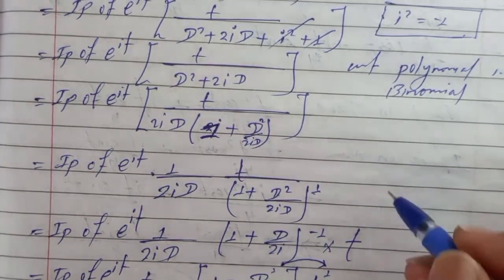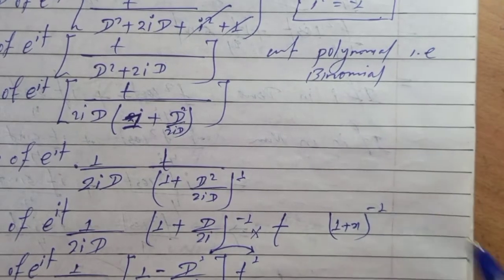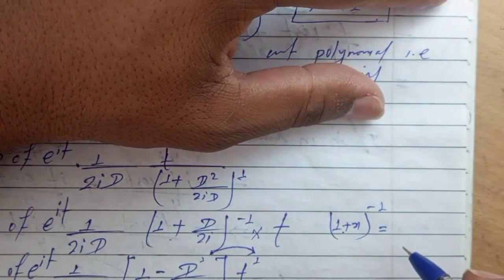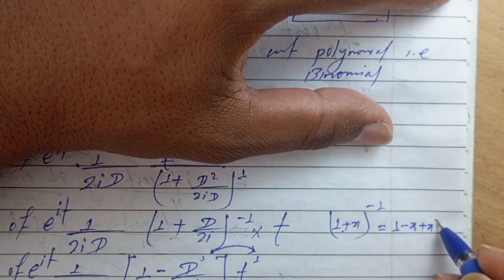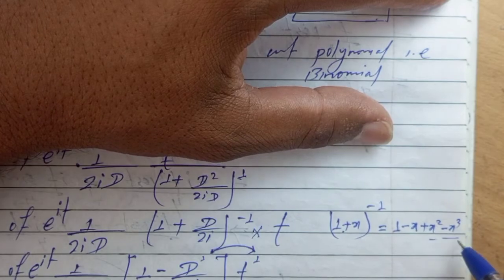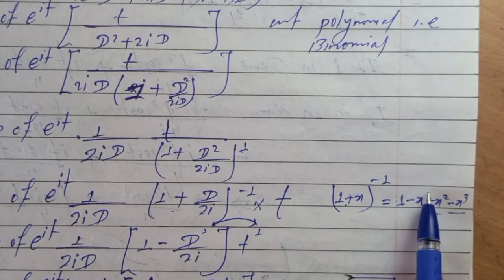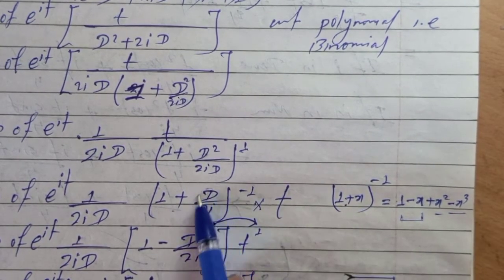It is in this form, 1 plus x to the power minus 1, meaning here is plus, here is minus, then its answer will have alternating signs like this: 1 minus x plus x squared minus x cubed, and continue. Look here, t has maximum power 1, so we're going to use x power up to 1. Then we're going to use these two terms only, and this is our total x.